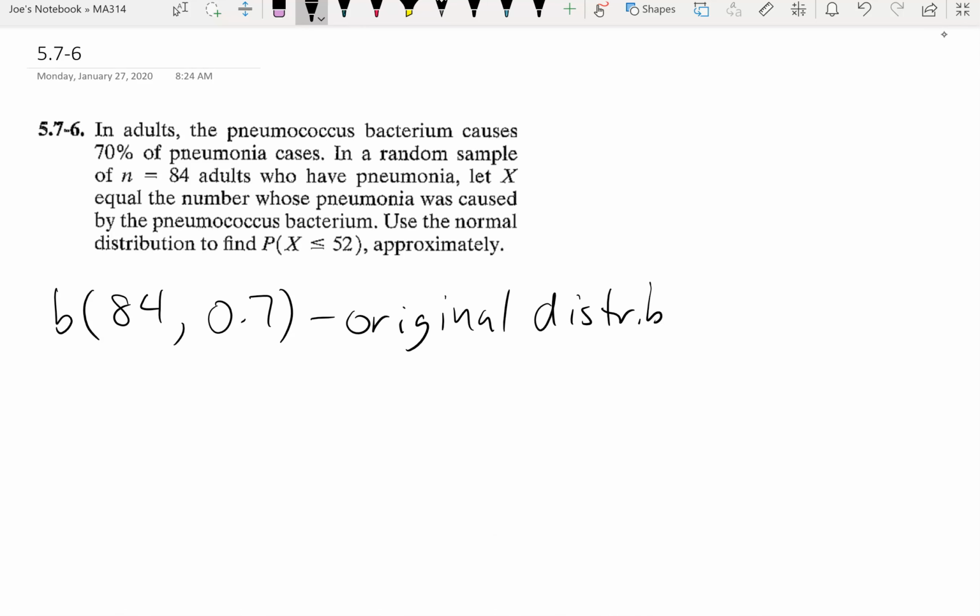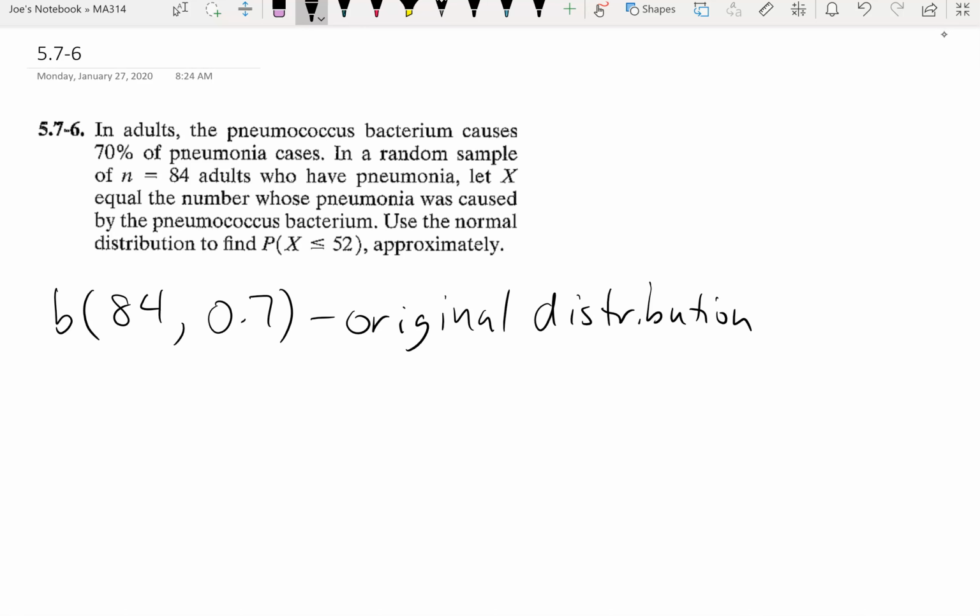What the problem's asking us to do is to use the normal distribution to approximate X being less than or equal to 52. Now, before the advent of things like Excel or SPSS or R, either you needed to have binomial tables that were rather robust, cumulative binomial tables, or you'd be sitting and trying to add up 53 things, right?